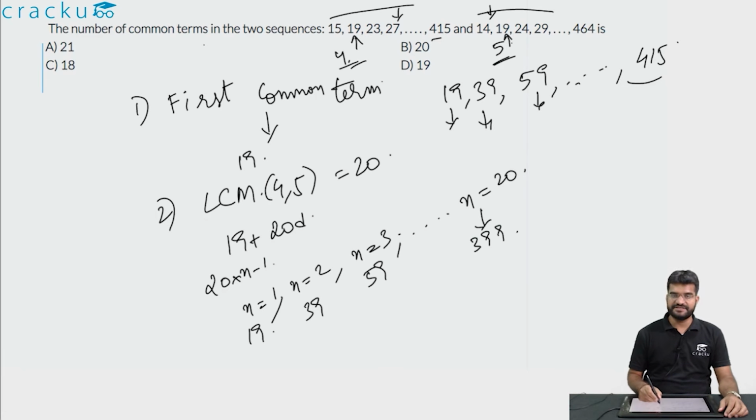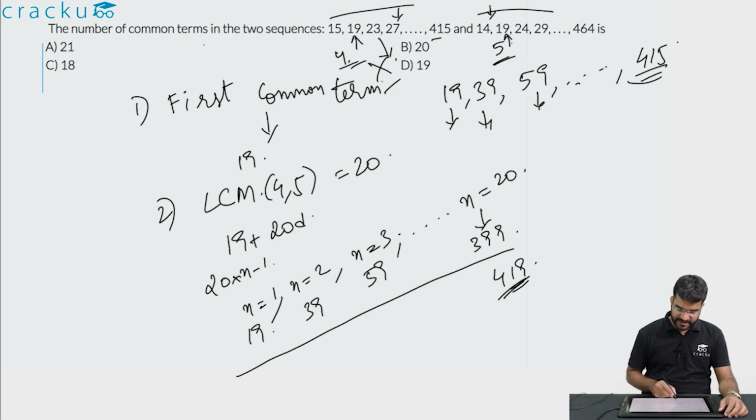The next term in this sequence, when you add 20 to it, will be 419, but 419 is greater than 415. So 419 or any term greater than 415 will not be part of the first sequence. So the only common terms between the two sequences are 19, 39, 59 dot dot dot till 399, which are n is equal to 1, n is equal to 2 dot dot dot till 20. So the number of common terms is 20.